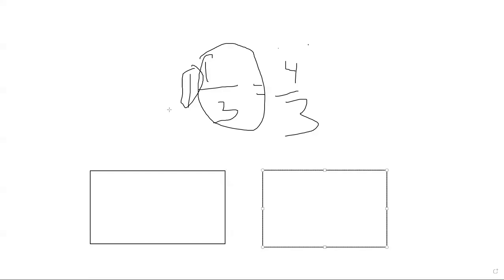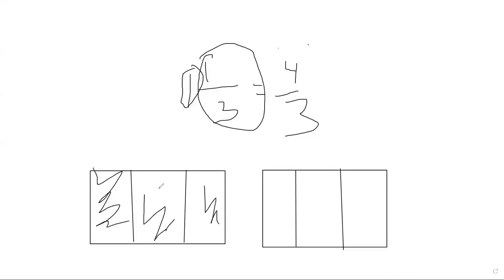Now I'm going to draw 3 lines on it: this is 1, 2, 3. And in this I will select 3 parts: 1, 2, 3. One whole it becomes, and in the next I will select 1 by 3, which is like this. So this is how improper fractions actually are.